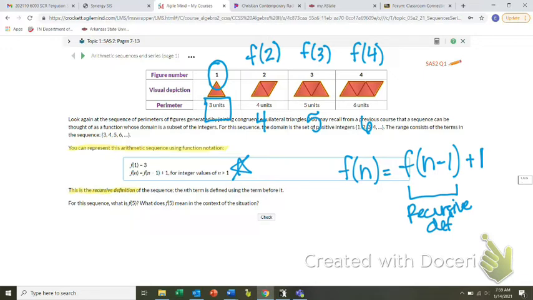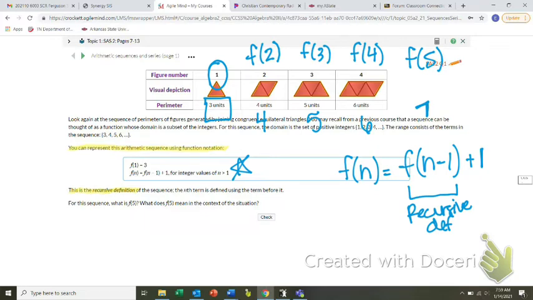So the question is, for this sequence, what is f of 5? What does f of 5 mean in the context of the situation? Okay, you can look at the pattern, obviously, and know that f of 5 equals 7. You know that because you can look at the pattern. But we have to show how that works, okay?